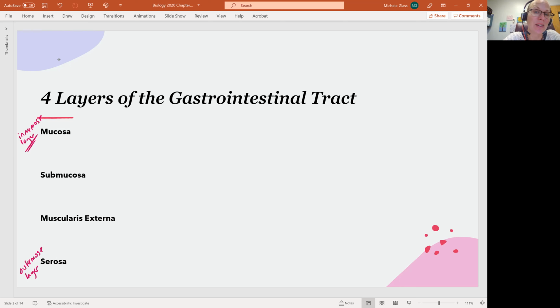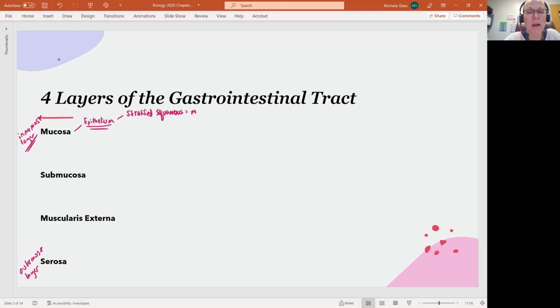with the mucosal layer. When we talk about the mucosal layer, we are going to have an epithelium tissue layer, and we're going to see mostly stratified squamous in the places where we are just moving food through.